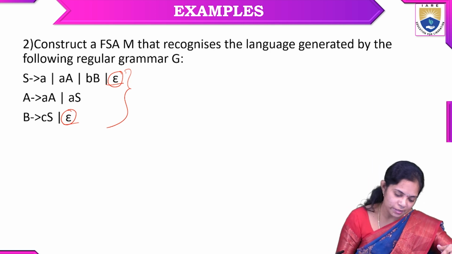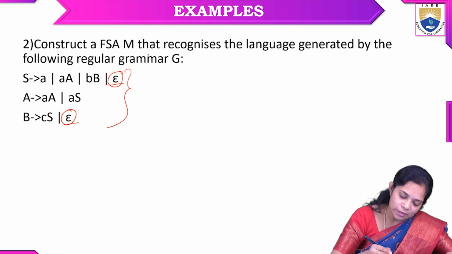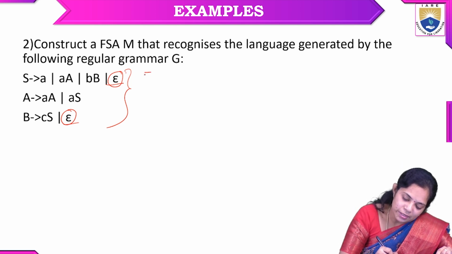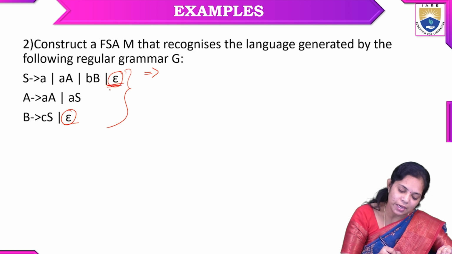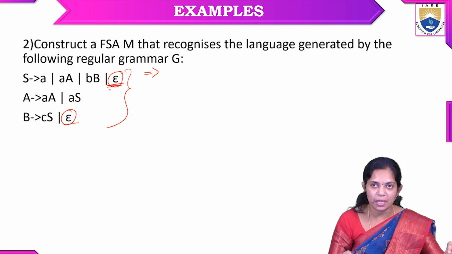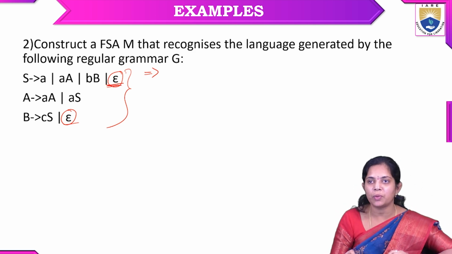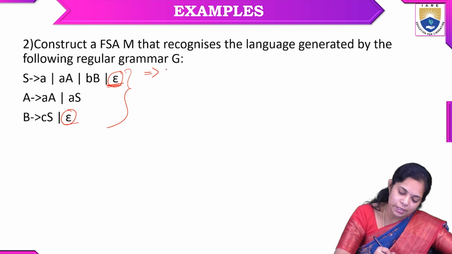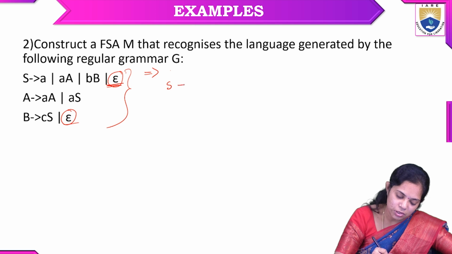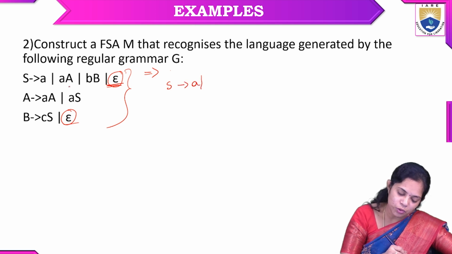So how to free it: we have to write the states. Whenever we have the epsilon symbol on the right side, we have to write that as states without epsilon. So how to write this? S tends to A, we have to substitute this one.